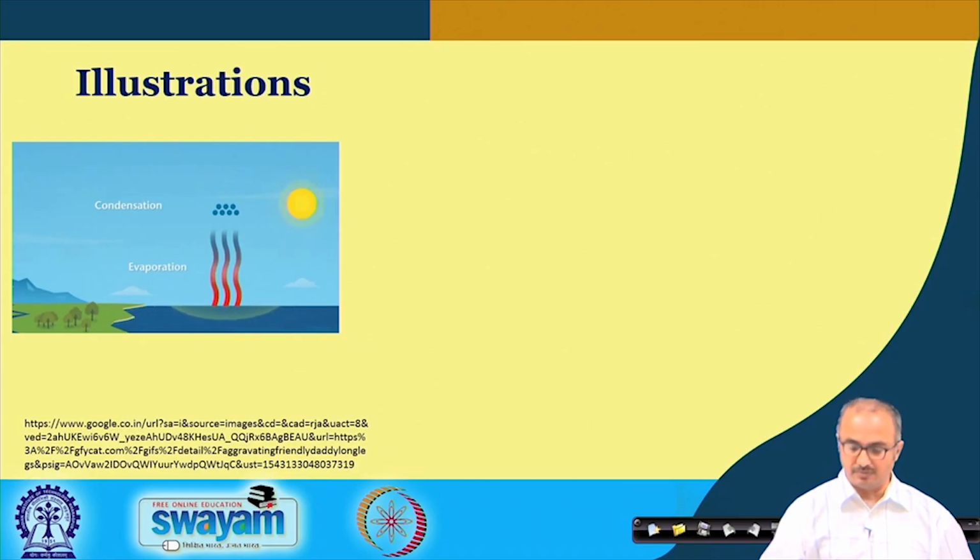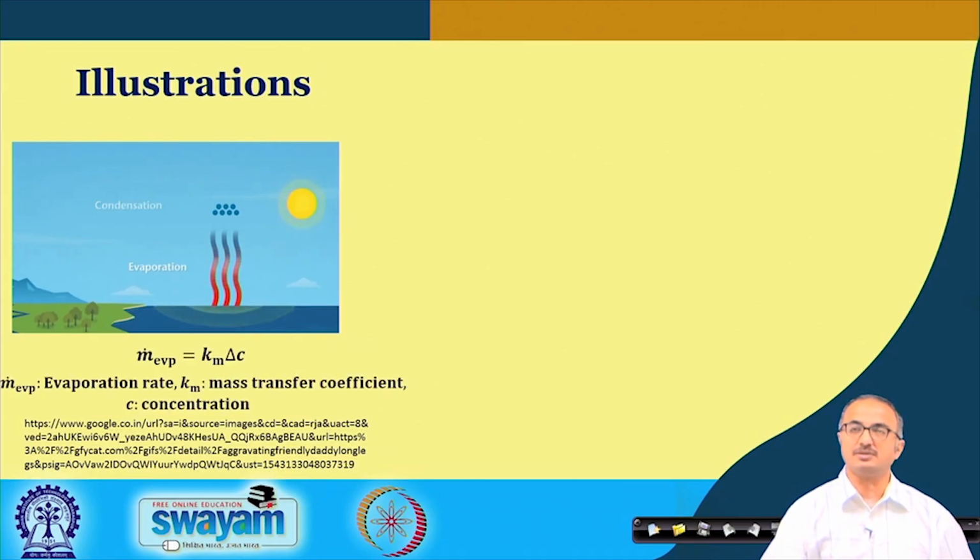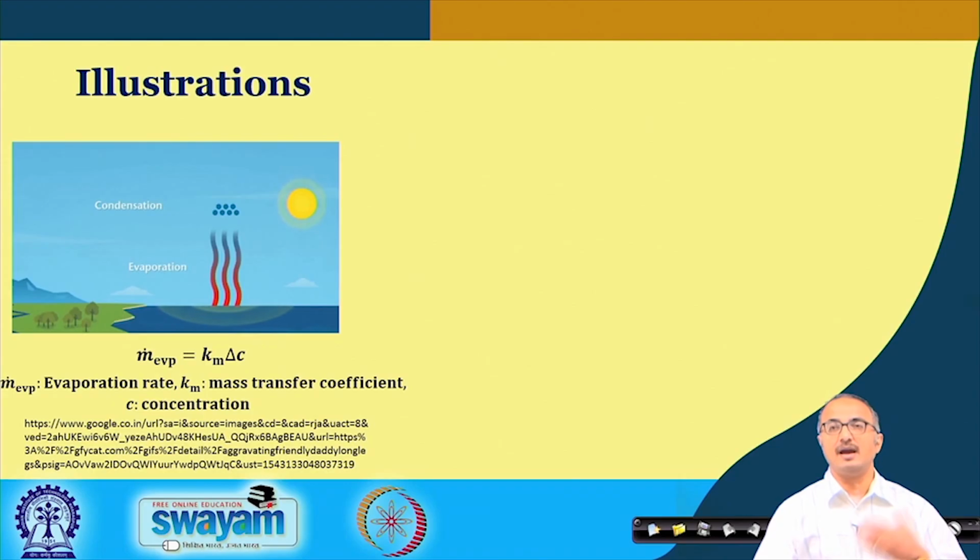So, in this case we generally use this kind of an expression to find out the rate of mass evaporation, and this is given in terms of another coefficient which we call the mass transfer coefficient, and the rate of evaporation depends on the delta C, that is the difference in the concentration of water in the sea or the water body and the atmosphere.